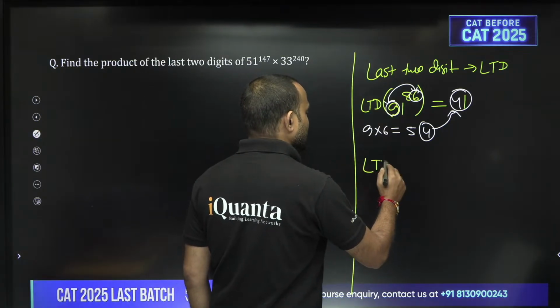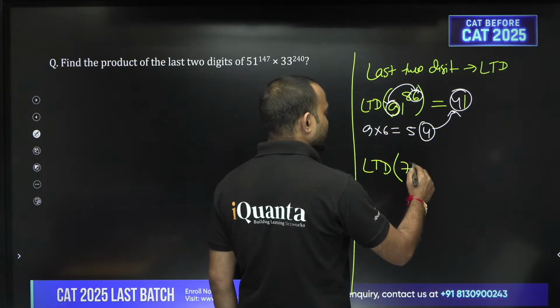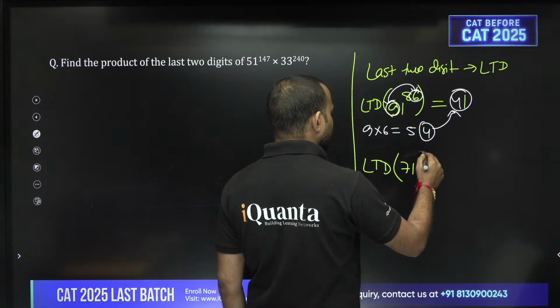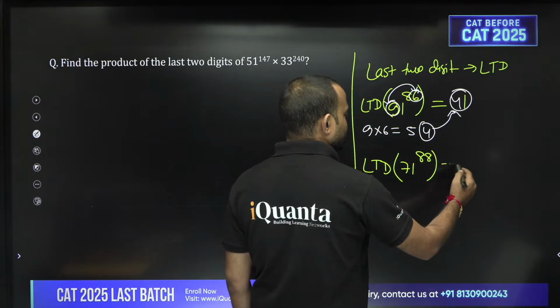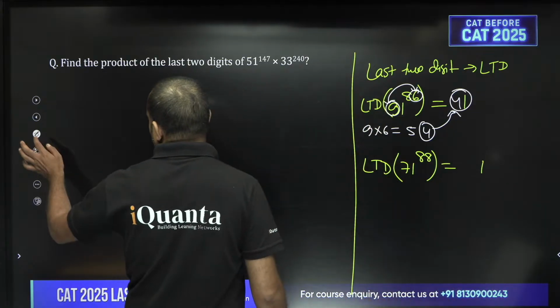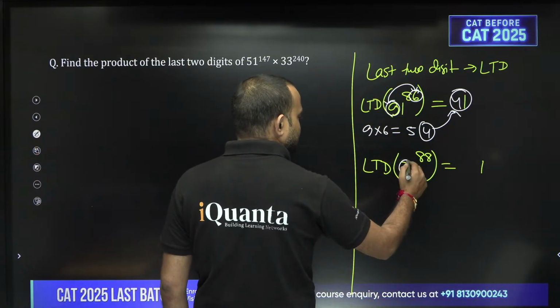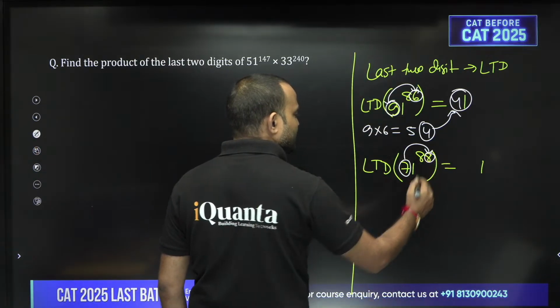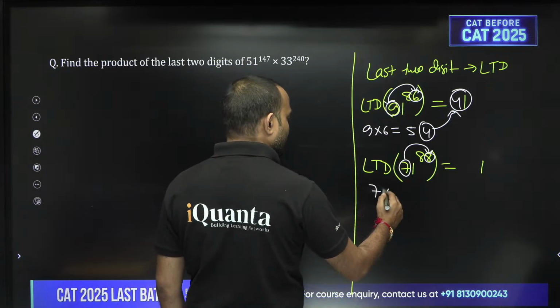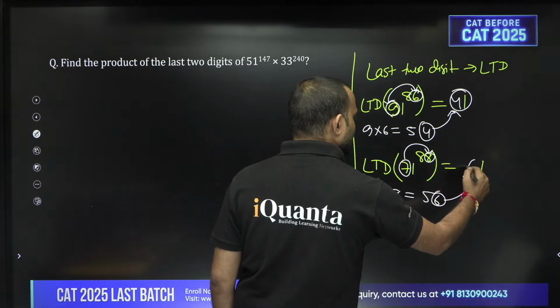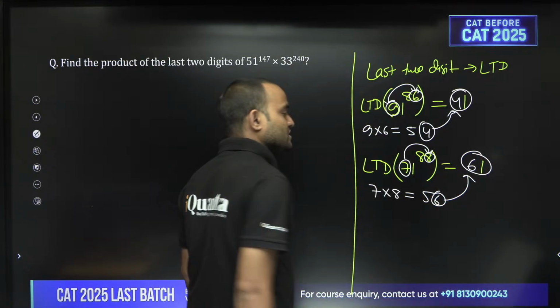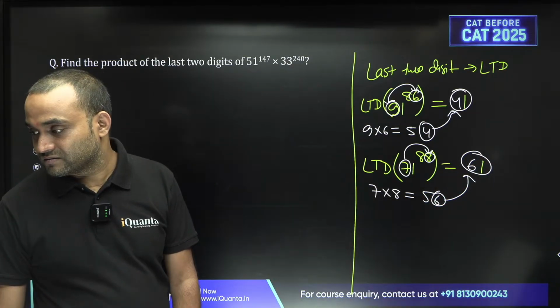Let's say what will be the last two digits of 71 to the power 88. ठीक है, क्या हो जाएगा ये? Unit digit will be 1 and second last digit: 7 into 8 is equal to 56. This 6 will come here. So, last two digits of this will be 61.